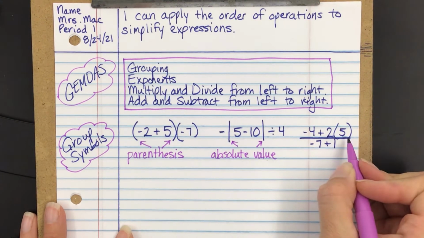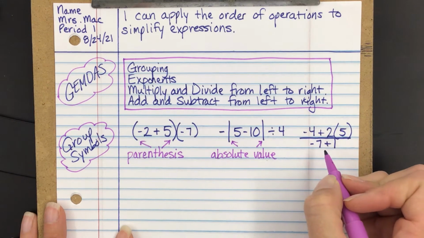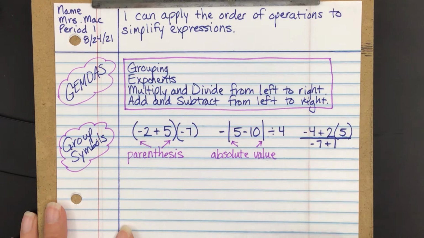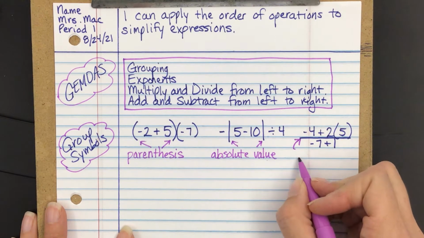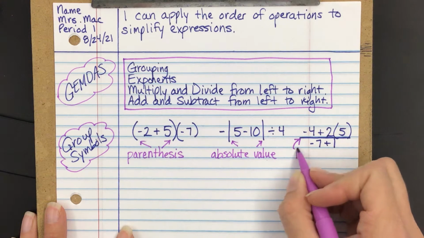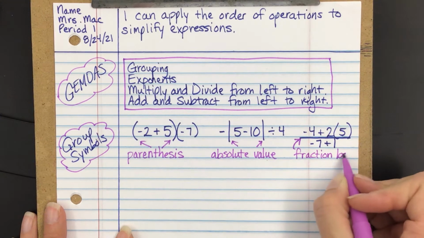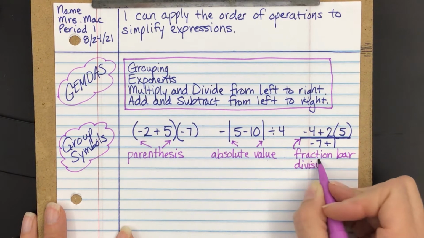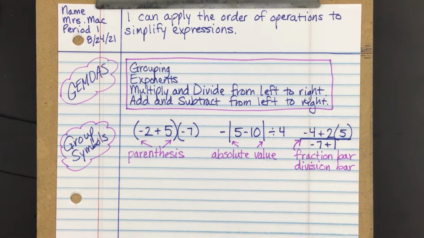So this bar right here tells us that all the stuff on the top is grouped and all the stuff on the bottom is grouped. So you would simplify completely the top and the bottom before you did anything else. And like I said, we can call this a fraction bar. We can also call it a division bar. Okay, fraction or division bar.